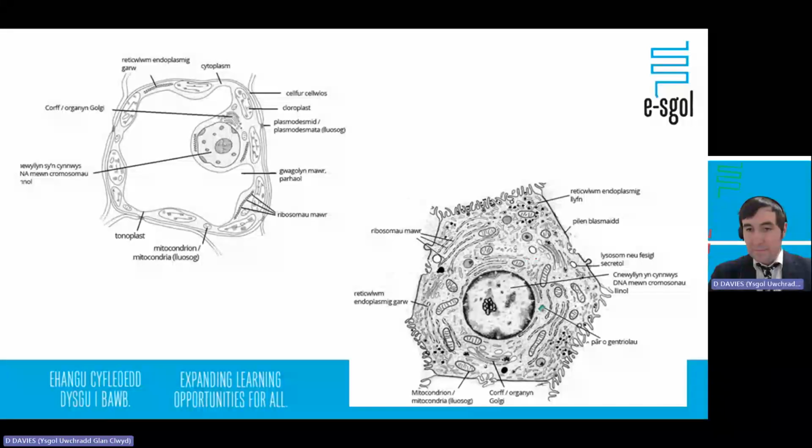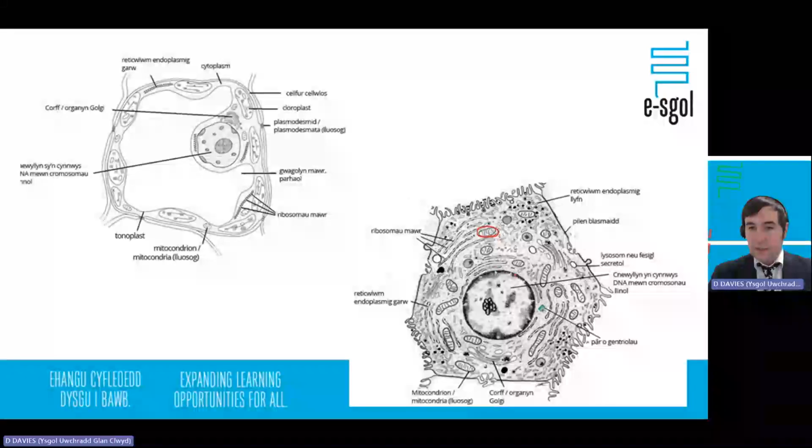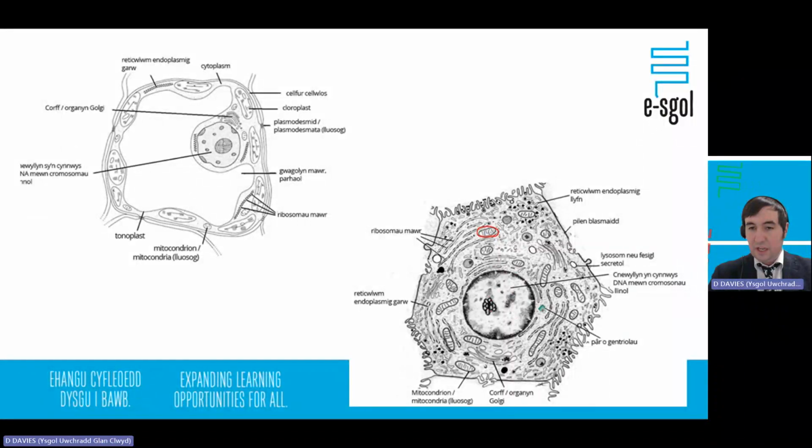You can see your mitochondria there, with its little cristae on the inside. You can see your nucleus and the nucleolus there. You can see the rough ER there, so it's got the bubbles on it. You can see the Golgi body there, like a half moon. So you need to be able to identify all of these parts on diagrams that you've never seen before.